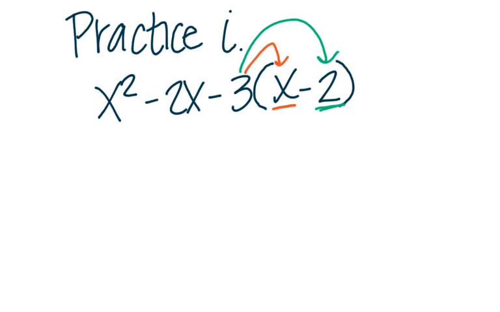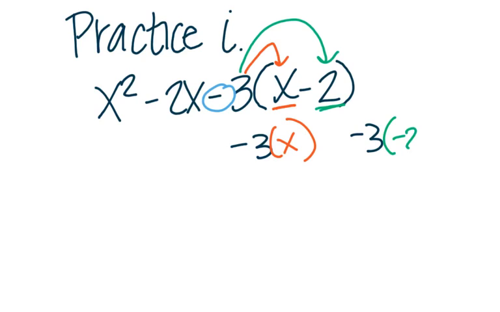Okay, so I'm going to distribute. Again, remember that this is negative. So I'm going to have a negative 3 times x and a negative 3 multiplied by a negative 2. So that gives me a negative 3x and a positive 6.